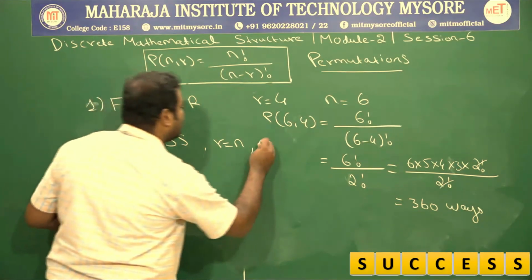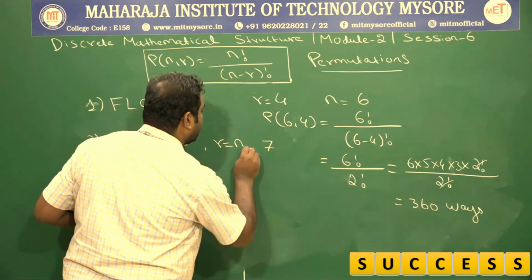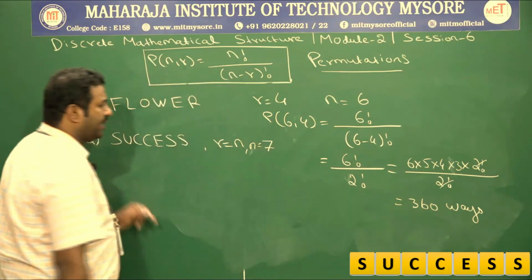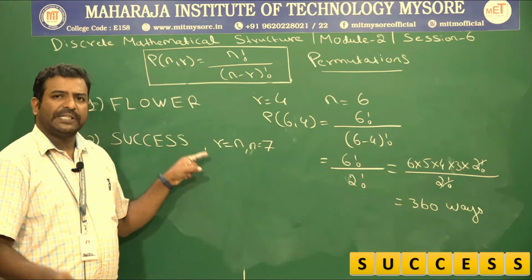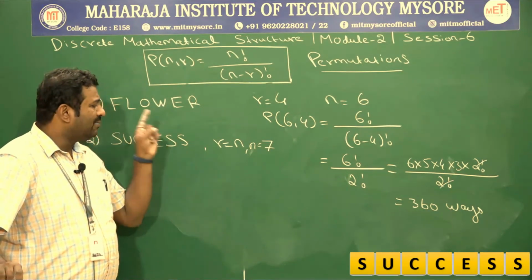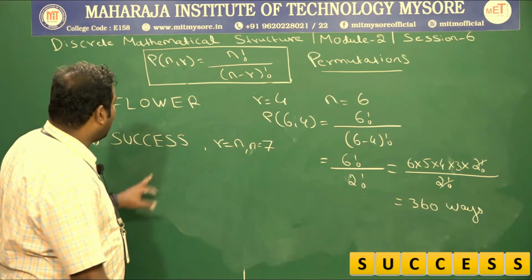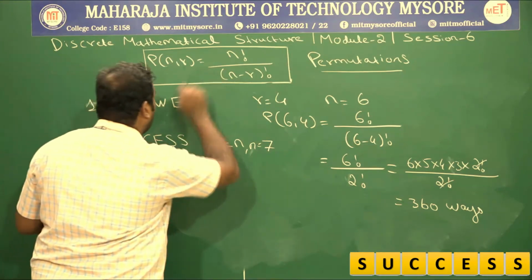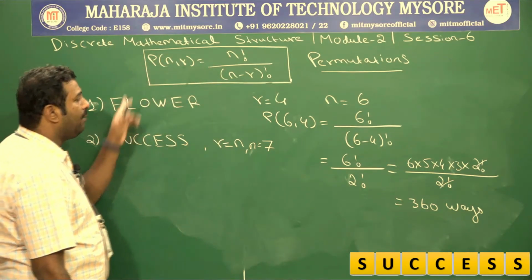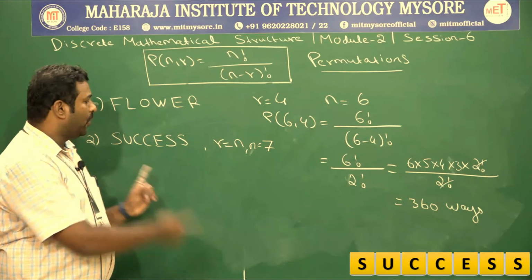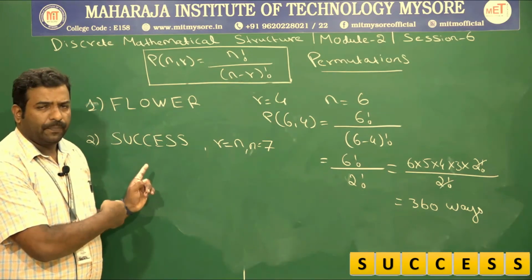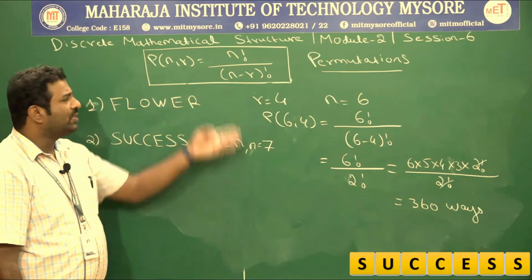Which is going to be 7. That is, N is 7. If N is 7, R also has to be 7, because I am saying you need to pick all the N objects. Fine. Now if I apply the simple form, I may end up with the wrong solution because of identical characters. For that, I am going to use the general form.